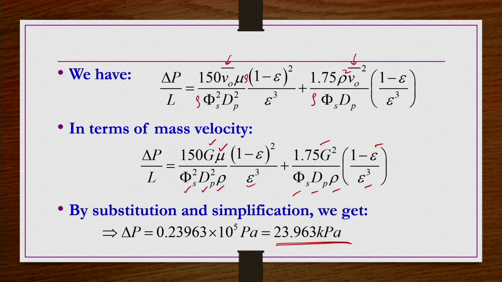So, this is about the flow through packed beds, especially for Newtonian fluids flowing through packed beds made of different types of particles. We have seen how to develop the equations for small Reynolds number and large Reynolds number, and then combining them together we found the Ergun equation, which is valid for the entire range of Reynolds number.